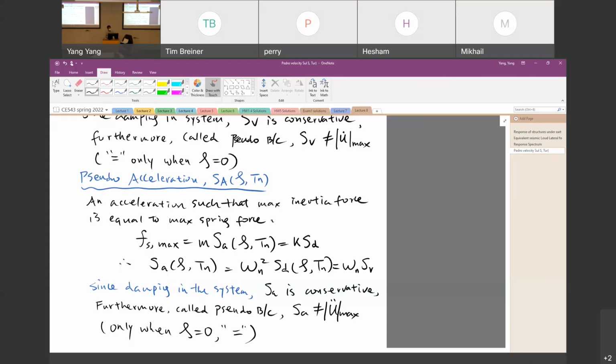What's the relationship between those specifications and structural dynamics? I think that's all for tonight, and we will continue the topic of the response spectra next week. And thank you for your time.